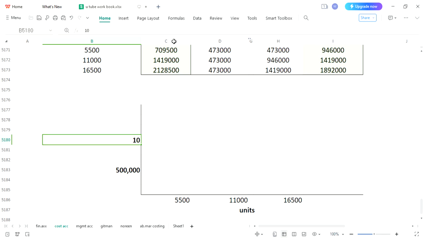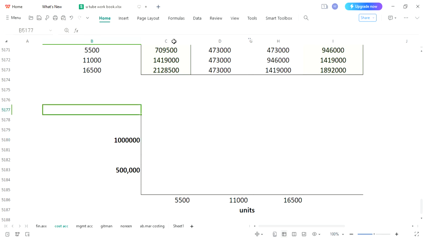Then we have 10 lakh, after which you can put 15 lakh.